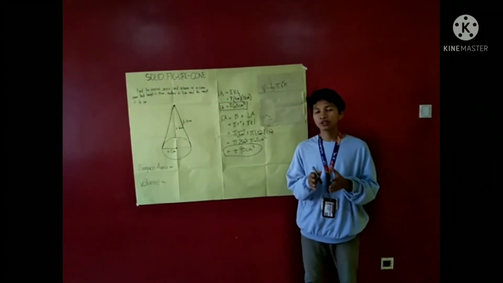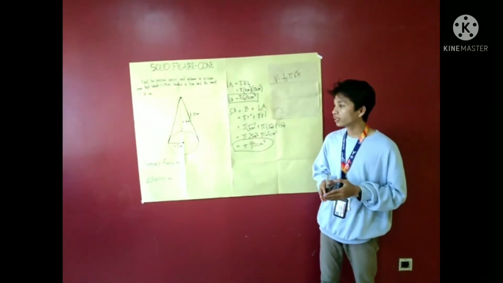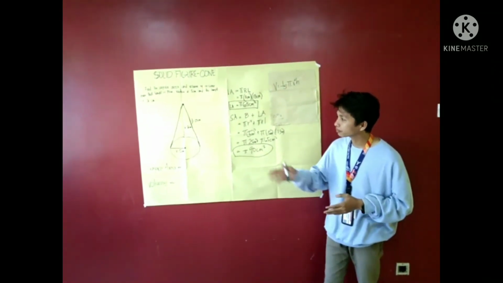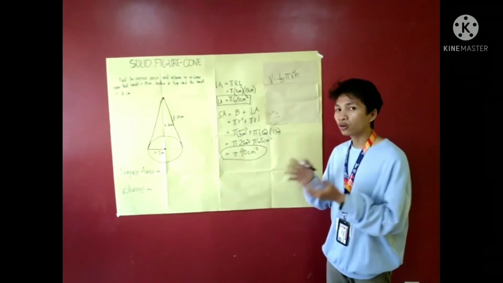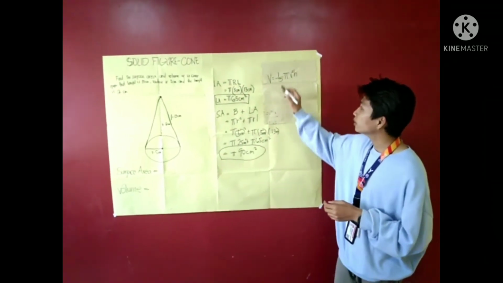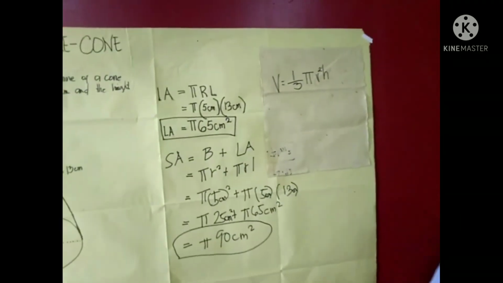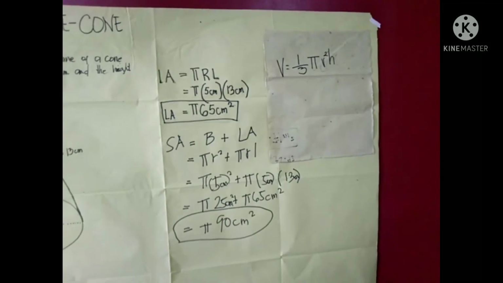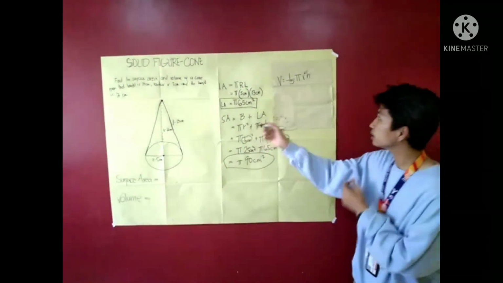Thank you so much. Good morning, teacher and everyone. At this moment, I will show you how we can get the volume of this figure. The formula to get the volume is one third pi r squared times h. All we have to do is substitute the value of the radius and the value of the height.